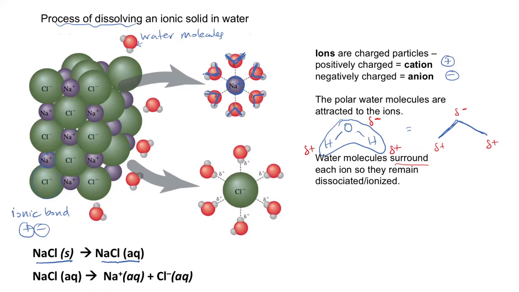For the chlorine, that's the negative ion, and the way the water molecules surround this is the positive end of the water molecule, the open end. So it's not the pointed end, it's the open end. I can add a few more of these. The pointed ends are around the positive and the open ends are around each negative. And so you don't actually have the entire compound. What you have are these ions in solution.